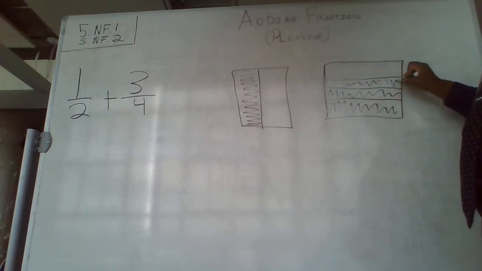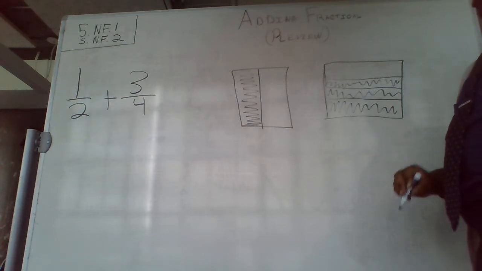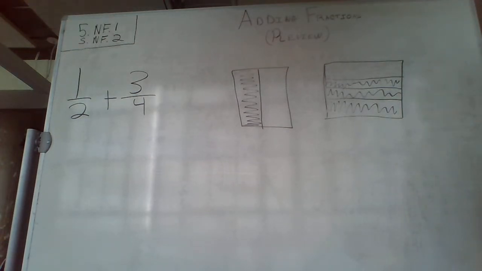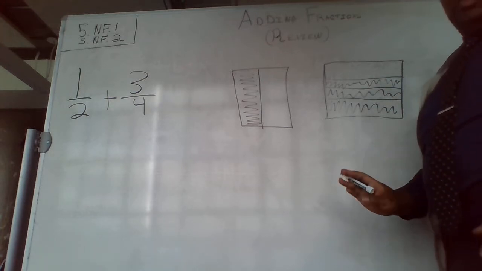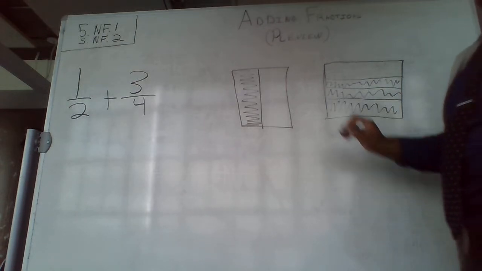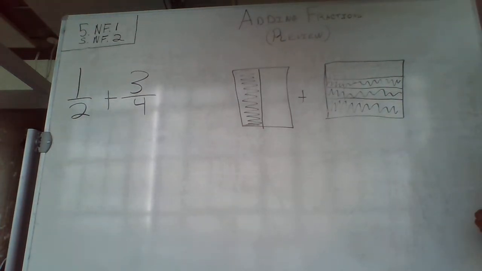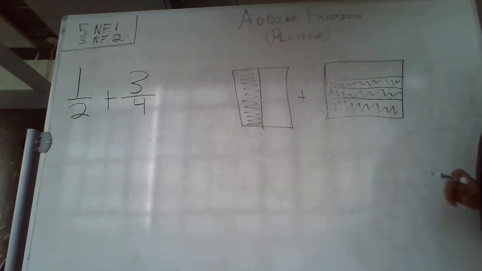Make sure that you're doing this along with me on paper. It's going to help. So if you need to rewind and pause, go ahead and do what you need to do. But this really helps you if you don't get it, right? So I'm even going to add a little plus sign in between these models, just so you know what we're doing here. We're trying to add these together.